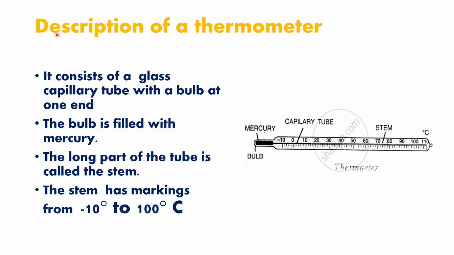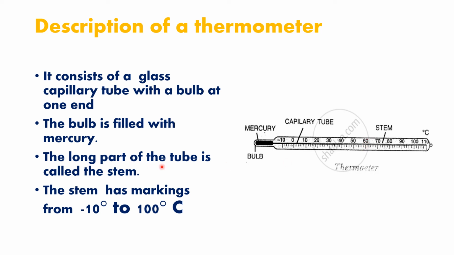Now in a thermometer you see there is a capillary tube. It consists of a glass capillary tube with a bulb at one end. So you can see this is the bulb at one end. The bulb is filled with mercury. So here you see there is a shiny liquid that is filled in this. So when the temperature becomes more, the mercury will expand and it will show a greater reading here.